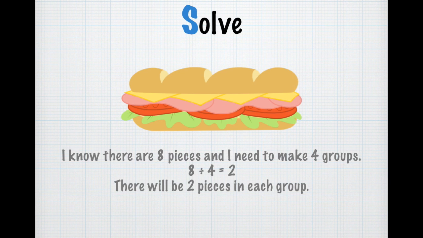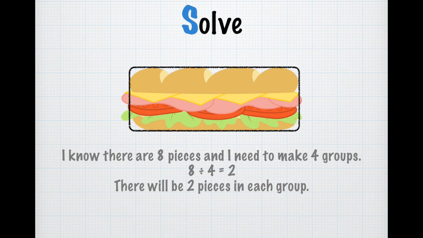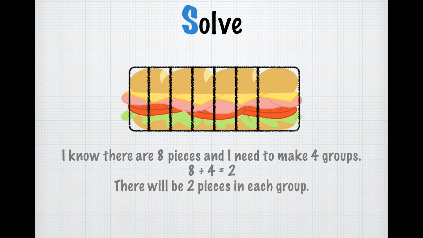So I have my sub sandwich, and I'm going to cut it into 8 pieces. And if you can't draw a sub sandwich, it's okay just to draw a rectangle to represent the sandwich.